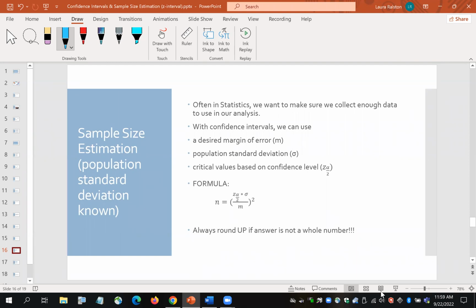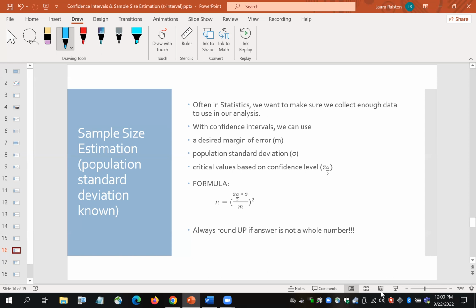Again, the idea behind the sample size estimate is to make sure that we collect enough data so that when we conduct our analysis, we have a specified margin of error. Maybe I only want a 5% margin of error, or only 3% or 1%. How many people or items should be included in the sample to ensure I have enough to fall within that margin of error?